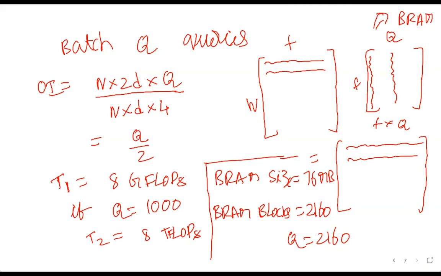Nice. So earlier we thought that magically we will have this query matrix in the memory, but in practice, there is no magic. So how will you bring this query matrix to the memory?